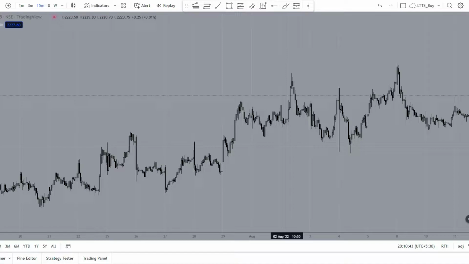So in this lesson today we'll be starting a new concept which is called trade management. It is not new, but it is a very important concept. If your entry is good, and if your risk reward is good, but still you are not able to manage your trade, it may result in a losing trade.